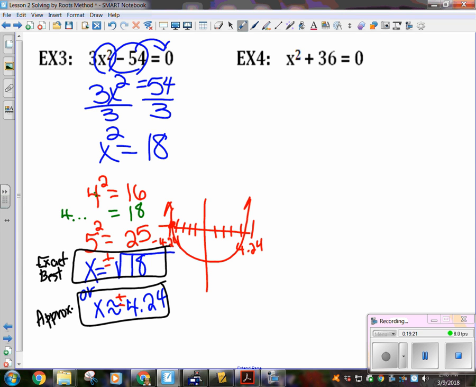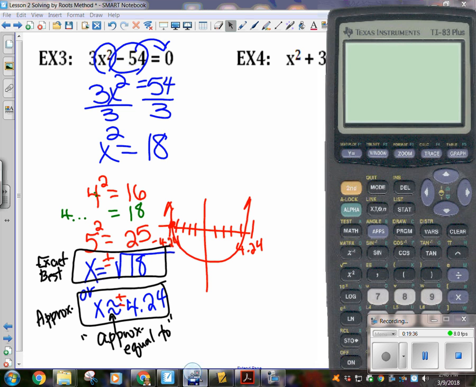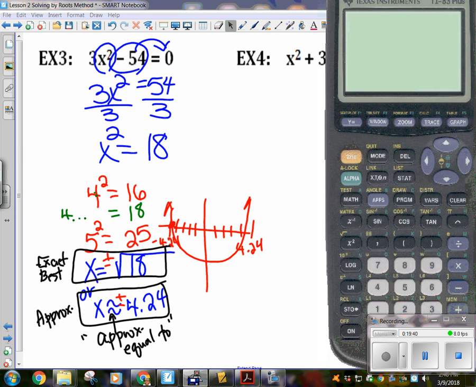That's why I have the squiggle lines. What do these squiggle lines mean? They mean approximately equal to. Okay? Approximately equal to. So sometimes the squiggle lines, because if you check your calculator, what was the square root of 18? It was not 4.24, was it?